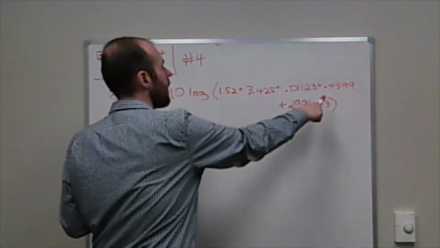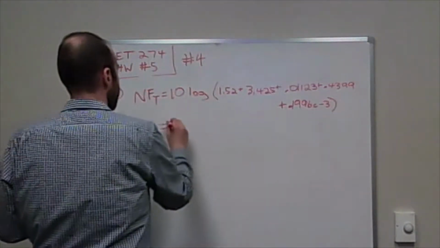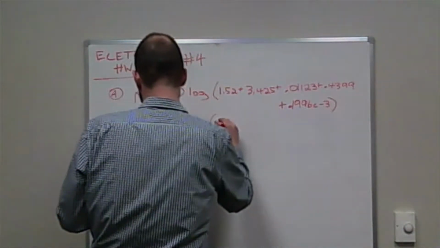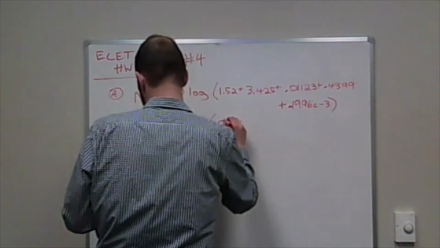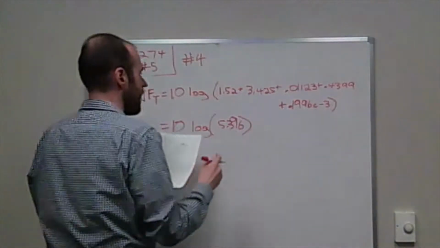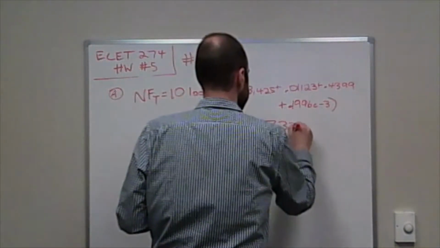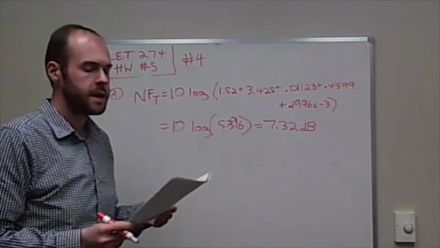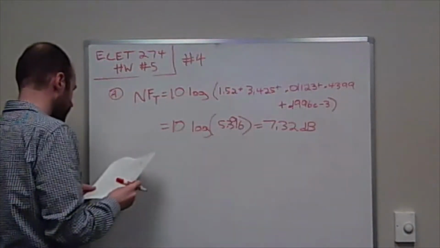All right, so 10 log of all of that added together, which is 10 log of 5.396, which equals 7.32 dB. So 7.32 dB is our total noise figure for this particular system.